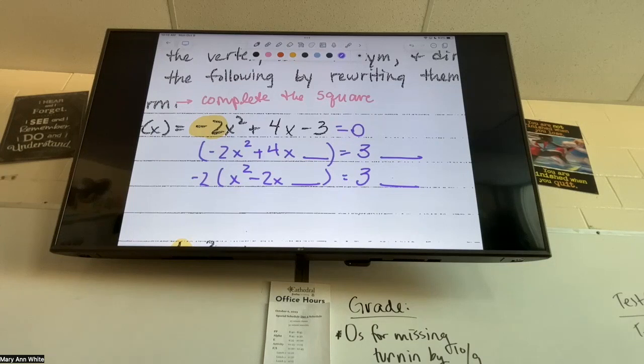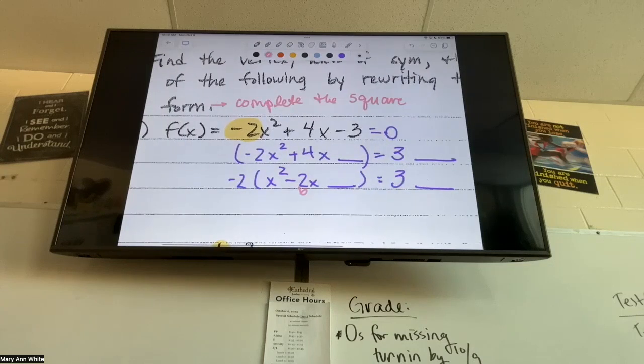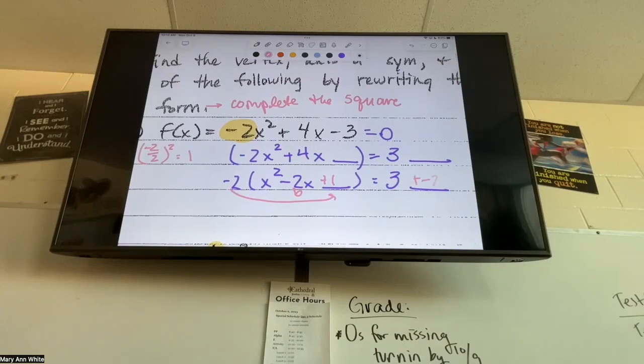Okay. Now, I'll do my b divided by 2 squared. -2 divided by 2 squared. -1 squared is 1. I'm going to add 1 into my parentheses, and I'm going to do -2 times that 1 to know that I add -2 to the other side.